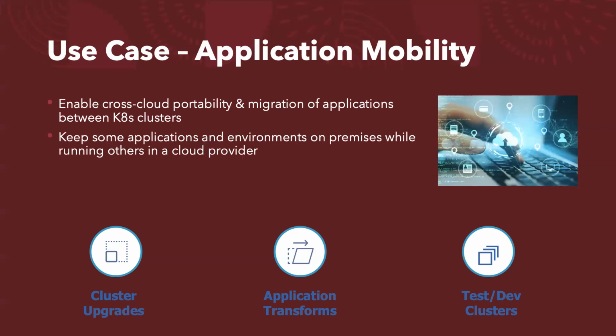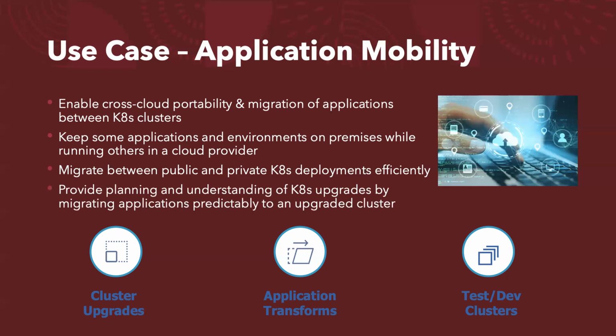As long as it is compatible with the upstream Kubernetes distribution. You can keep some applications and environments running on-premise, while running others in the cloud provider. That's another use case. You can also migrate between public or private Kubernetes deployments very efficiently with the right tools. It also easily supports cluster upgrade or maintenance.